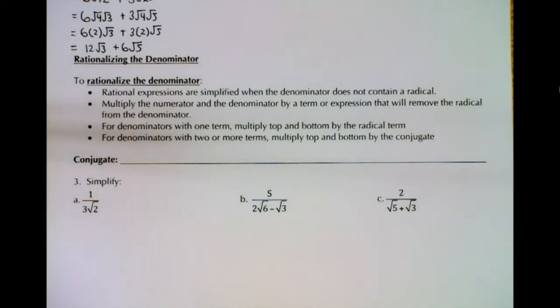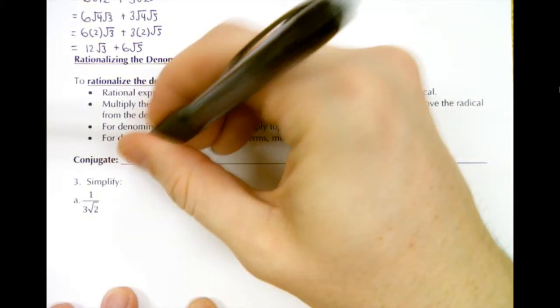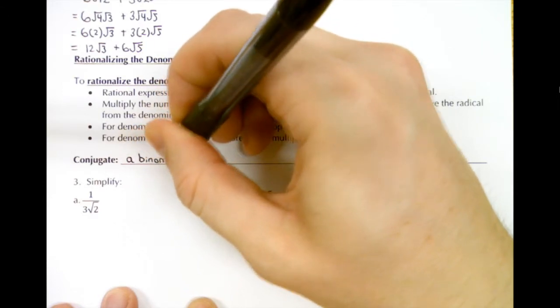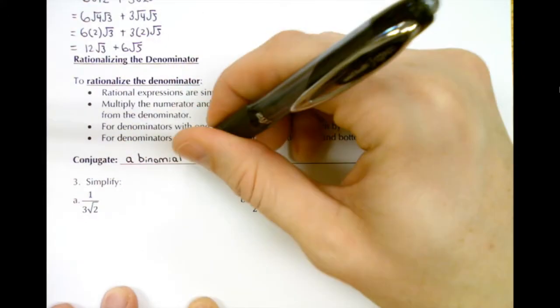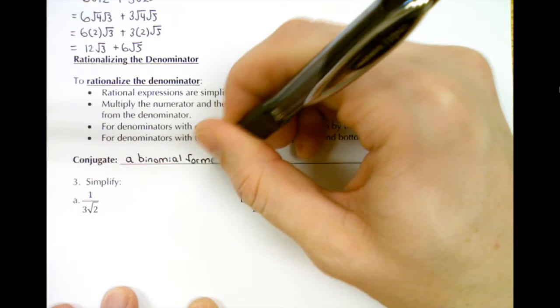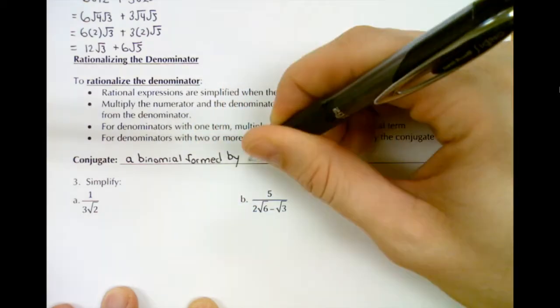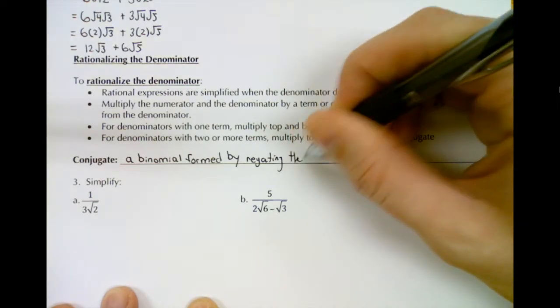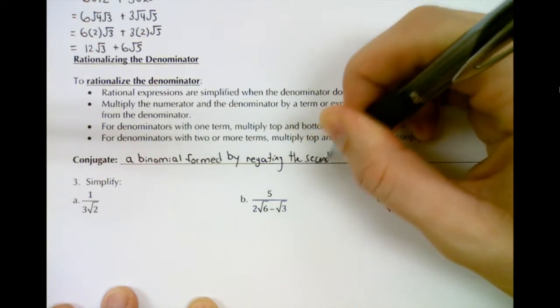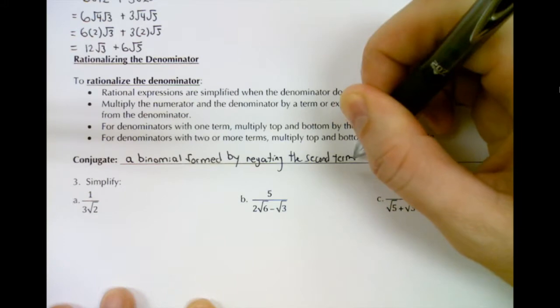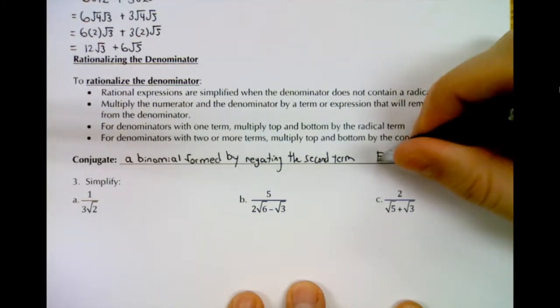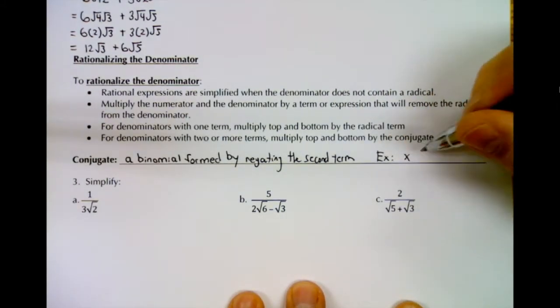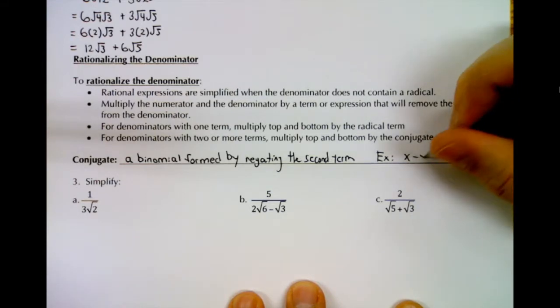And conjugate is a binomial formed by negating the second term, which sounds confusing. But, for example, say we had x minus y.